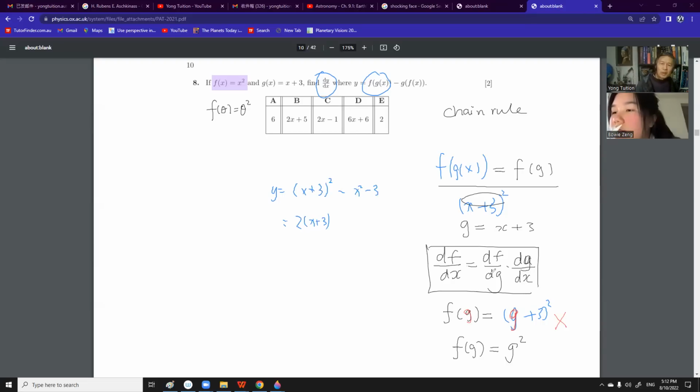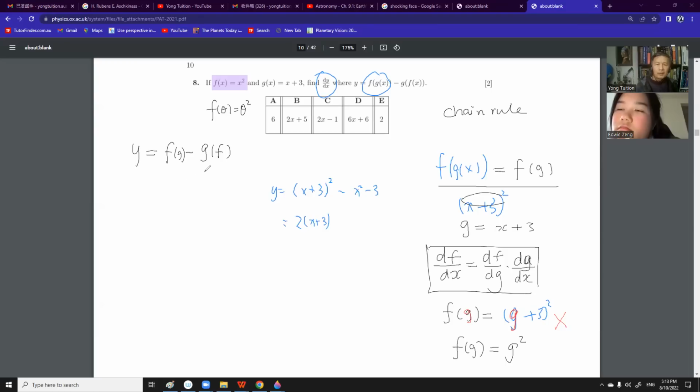Can we just write y as the difference of the two, separately? Can we rewrite y as equal to fg minus gf? Do you agree?